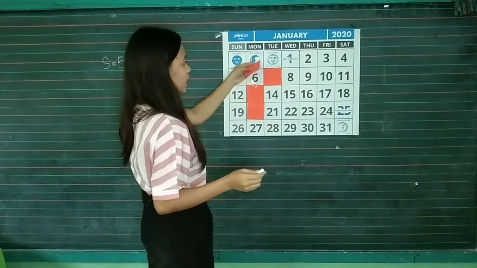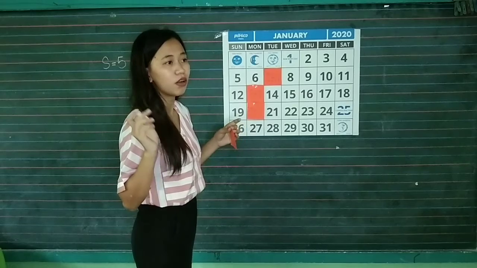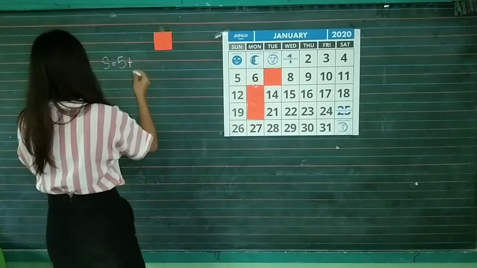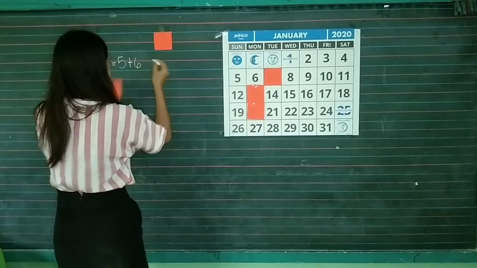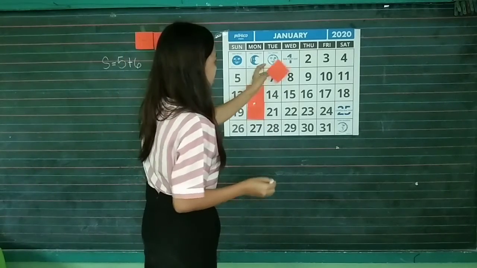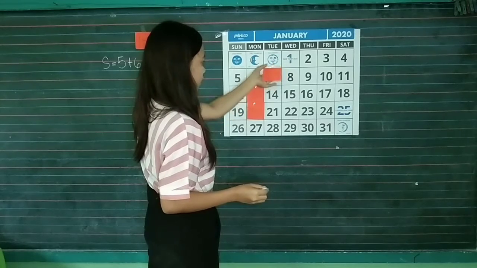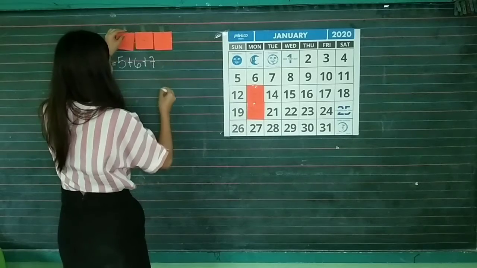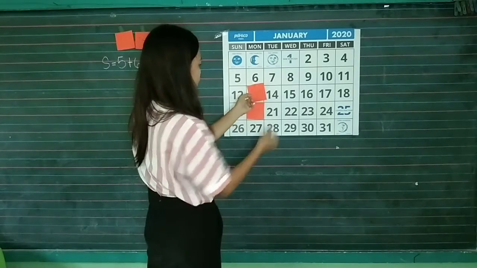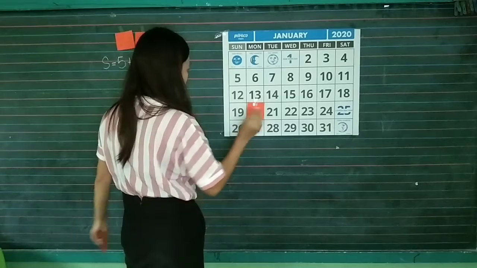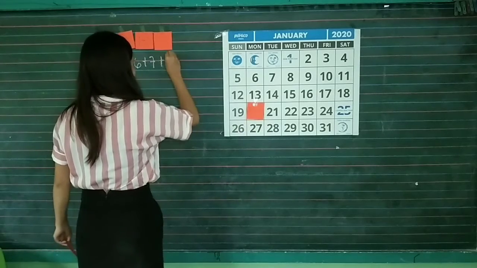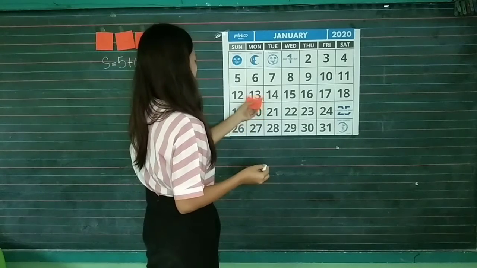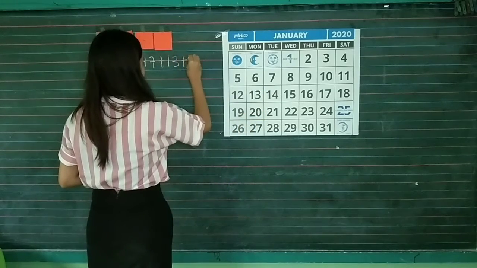plus, when we say sum, we use the operation which is addition. So plus 6, okay. The third number is 7, plus 7, plus the fourth number is 13, plus 13, and our last number is 20, so plus 20.